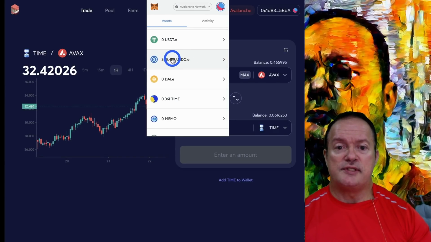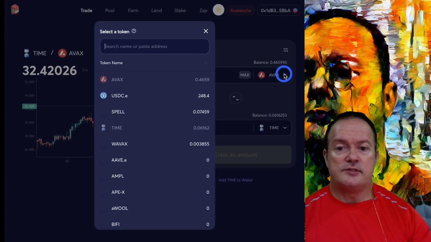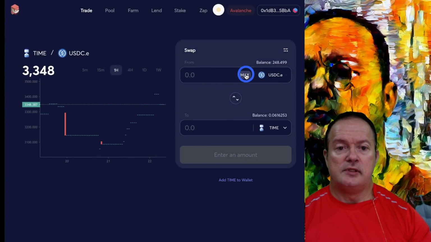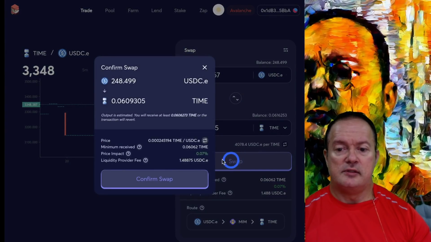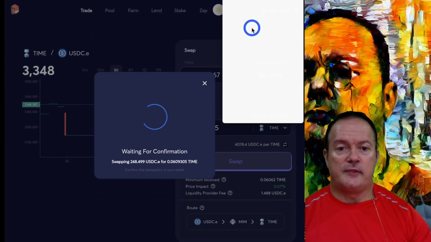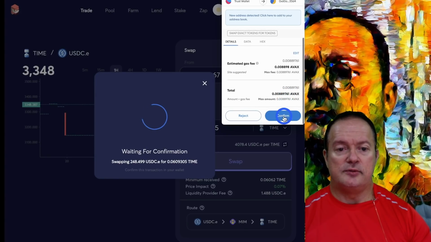All right, so let's do the same with our USDC. So we switch to USDC. I'm going to max it. Get another 0.06. We swap, confirm, MetaMask. There we go.